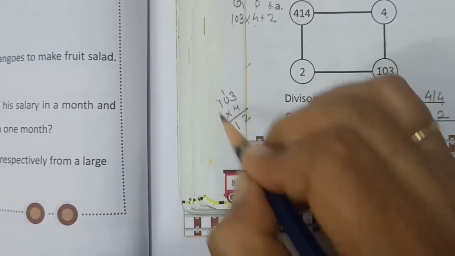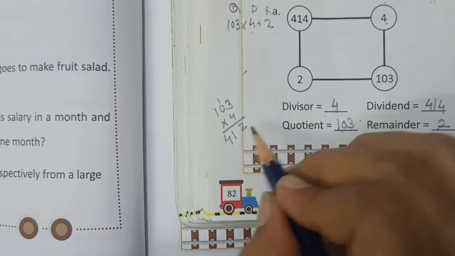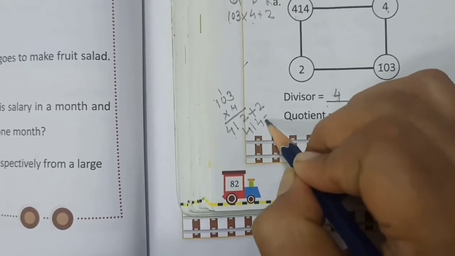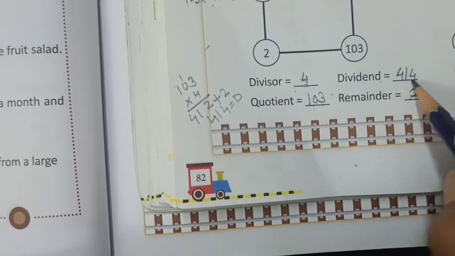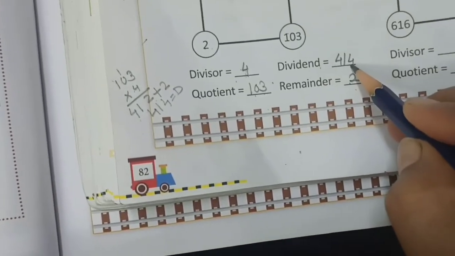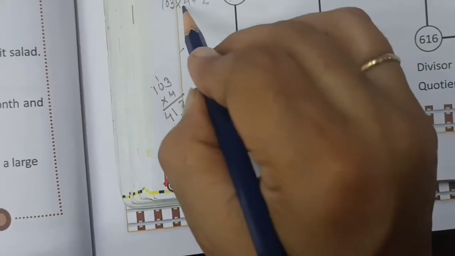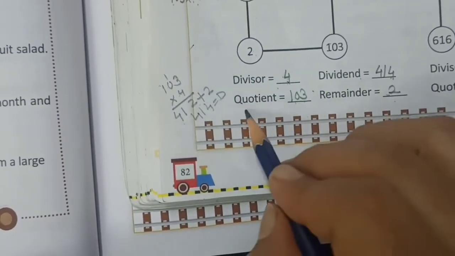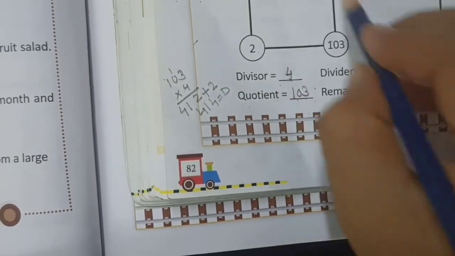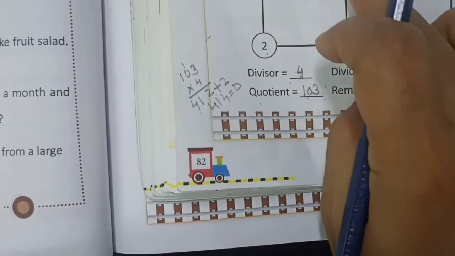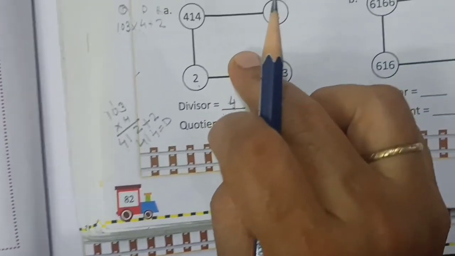Yes, as it is, and 4 1s are 4. So 412 plus 2. 414 is the dividend. See, yes, we get the dividend correct. Then divisor 4 as it is, 2 remainder and quotient 103, means our answer is correct. Children, you have to put these numbers in the formula and you have to check your answer.